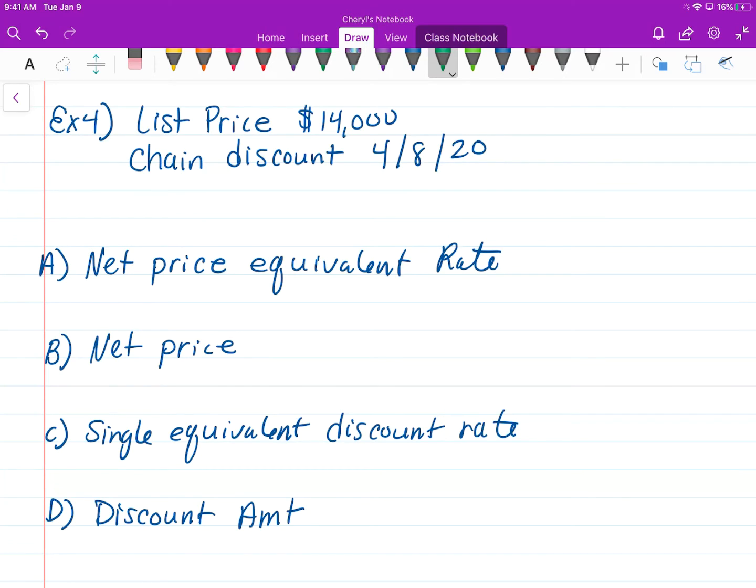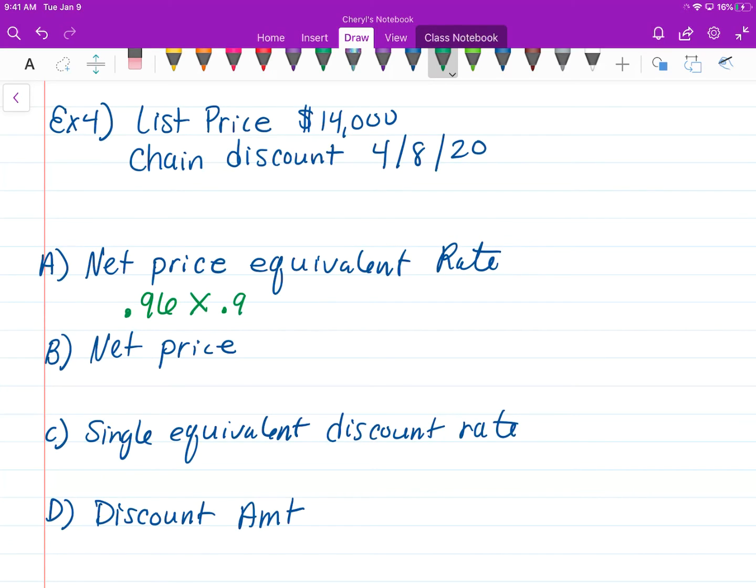calculate the net price. So if I get 4% off, that means I am paying 96%. So I'm going to take 0.96 times. Then my next discount is 8%. I have to pay 92%.